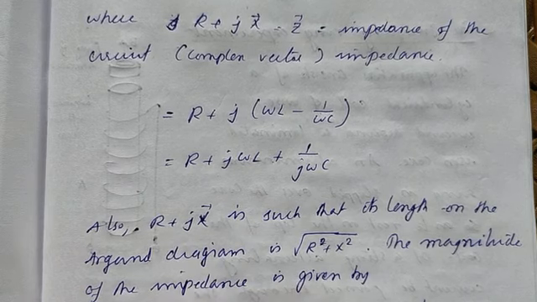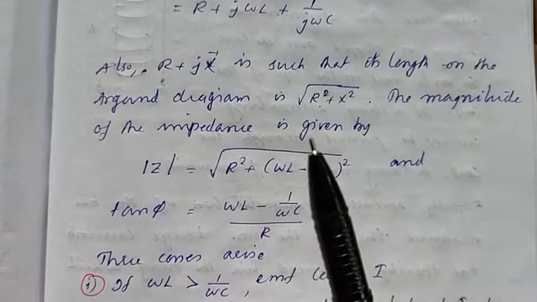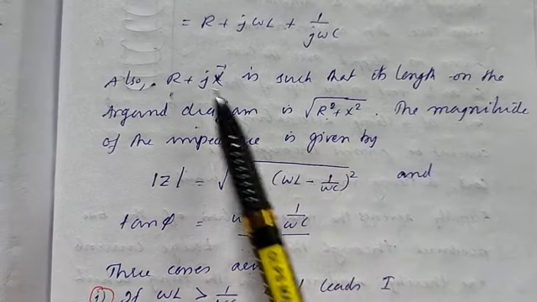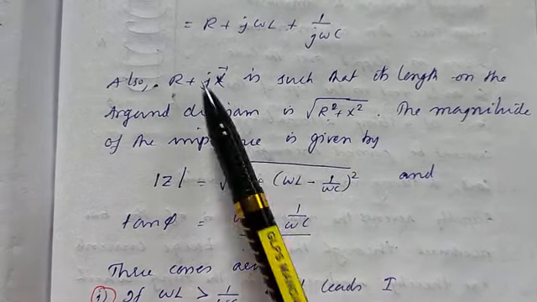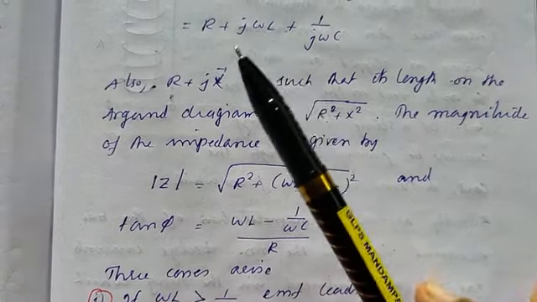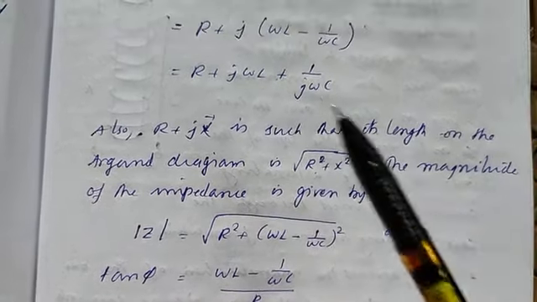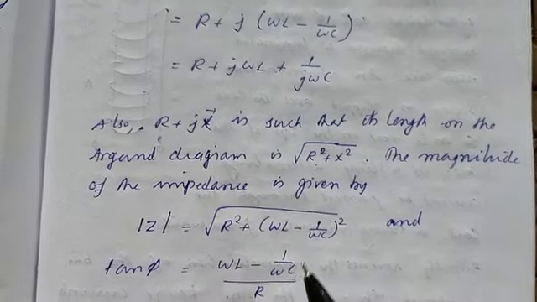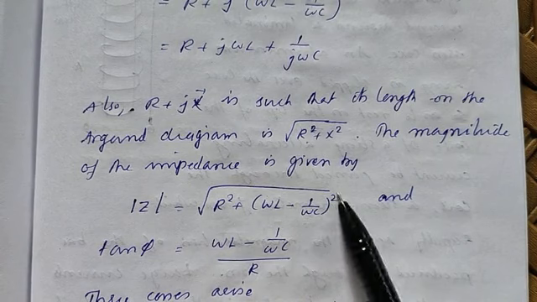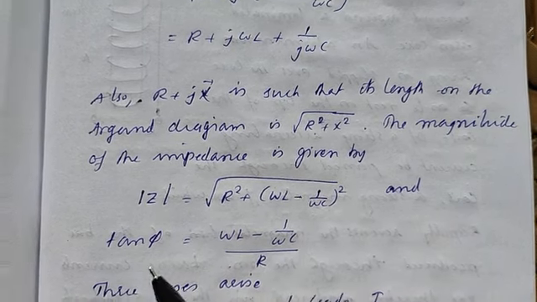Also, R plus jX is such that its length on the Argand diagram is square root of R squared plus X squared. That is the magnitude of this vector. The magnitude of the impedance we obtain from this expression as square root of R squared plus (omega L minus 1 by omega C) squared.